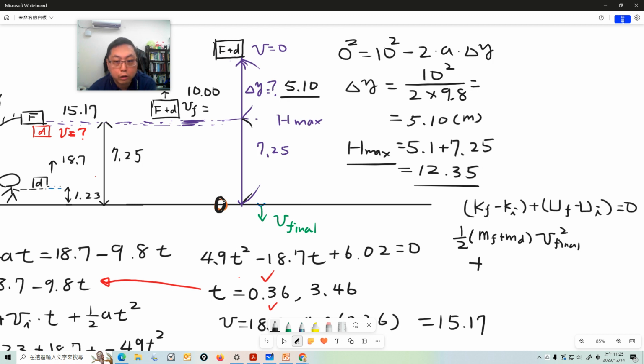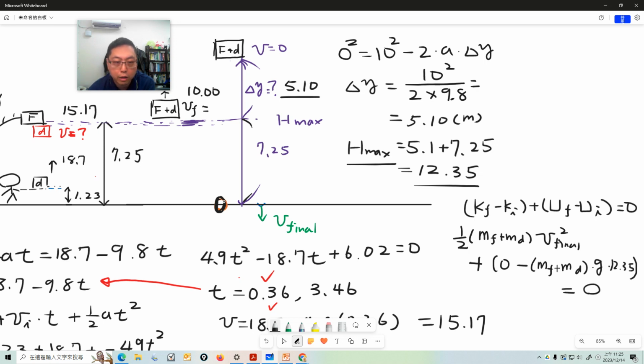Minus the initial potential energy, and that's why we have to calculate the height. Height maximum is 12.35, and don't forget our mass is now the frisbee plus the dirt, times m g h, the potential energy, times 12.35, equal to 0.